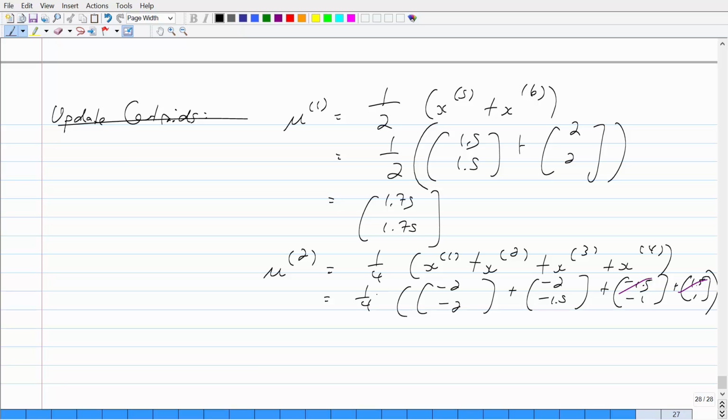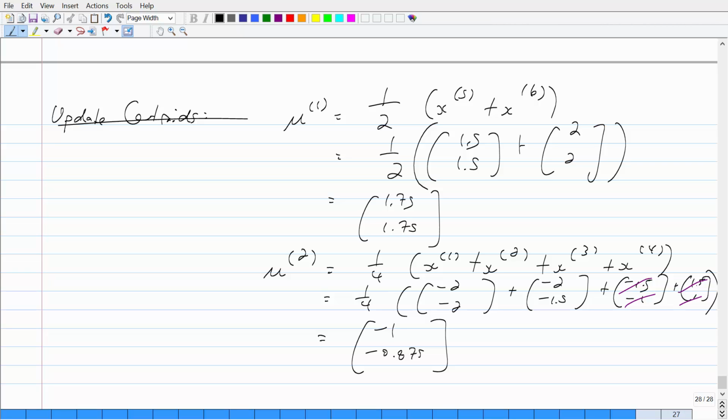You have -2 and -2, which is -4 divided by 4, so you have -1. And we have -2 minus 1.5 minus 1 divided by 4, which is equal to, let's see here, is it minus 0.875? I'm just double checking here. Oh, sorry, it's +1. So then these cancel as well, I didn't see that there. So when you do this, you get minus 0.875.